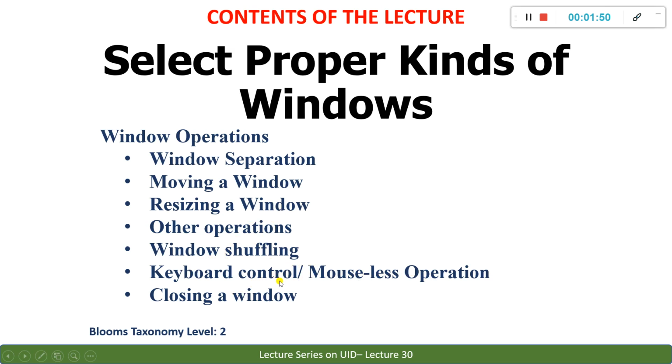What are the guidelines you have to maintain if you want to provide that? And what guidelines must you figure out when you are trying to close a window? We are going to see how to provide these operations for the user interface that you are going to design.